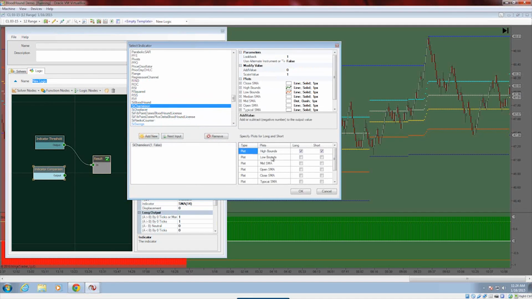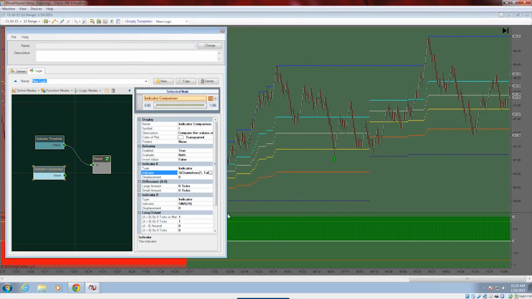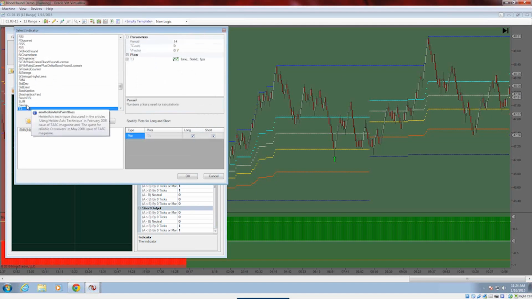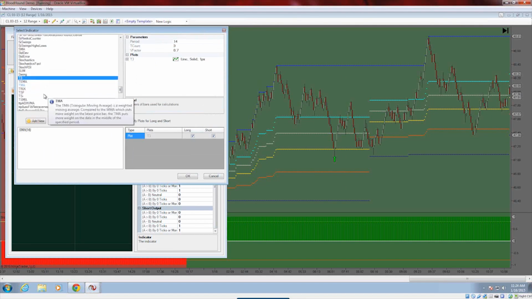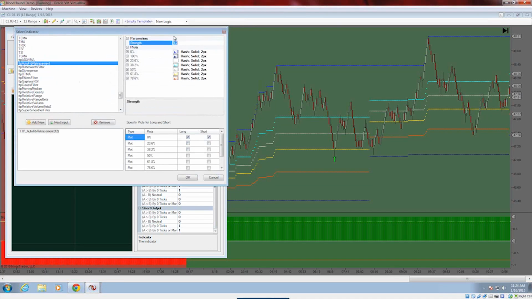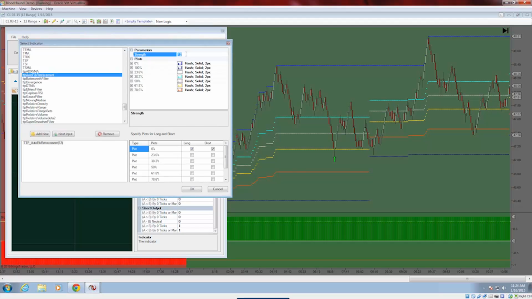And like I said, we want to use low for long and then the high for short. We want to identify when that low is below the 61.8 for the long. Click OK. And then for indicator B, I'm going to bring in the fib auto retracement indicator here. We have a setting of 32, I believe. And then I just access the 61.8 here.